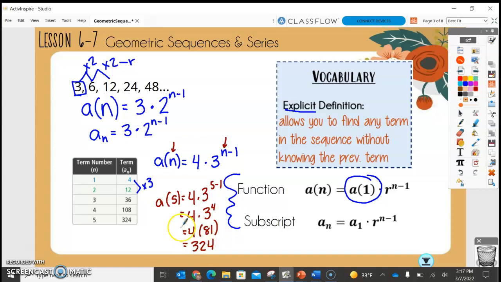It's much smoother than saying, hey, if you want the 5th term, you need to know the 4th term, or if you want the 100th term, you need to know the 99th term. We really like function notation because it's quick and gives us any term we want at any time. So I generally refer to my explicit function notation to find any nth term.